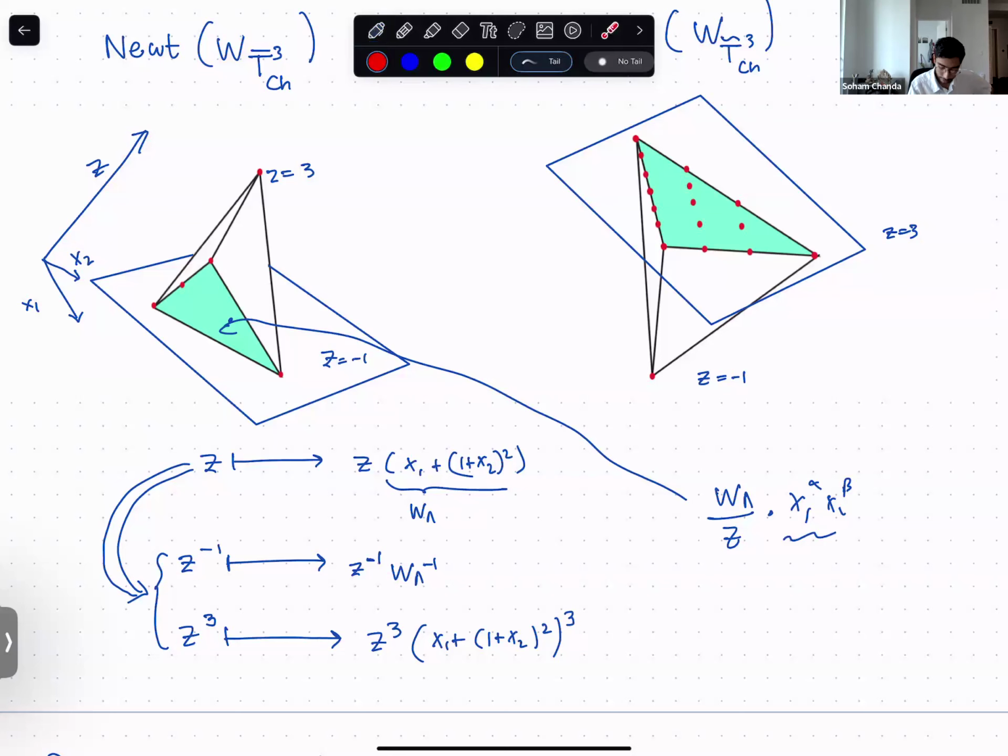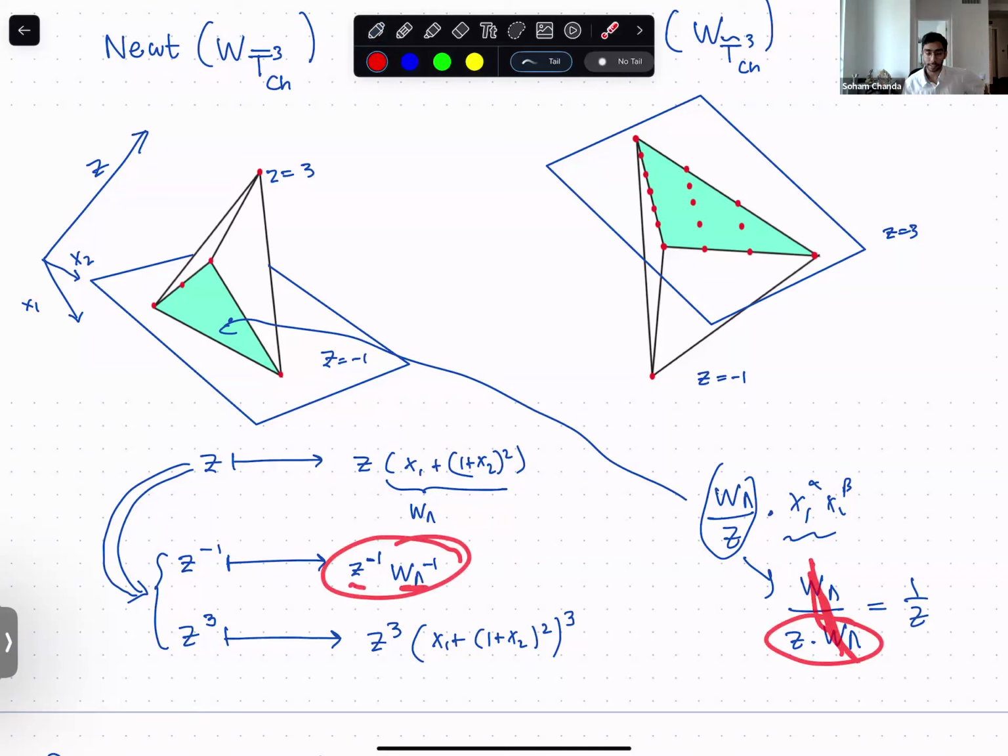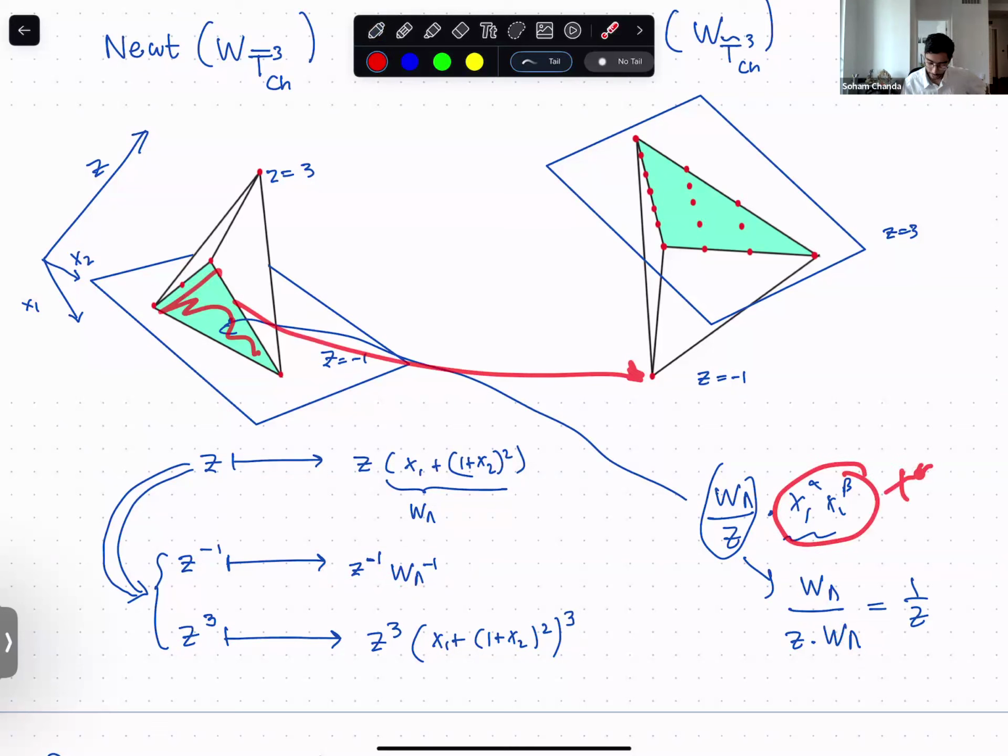The x part does not really matter, but what you should see is that this thing would now change to W_lambda divided by z times W_lambda, which just becomes 1 over z. So these W_lambdas cancel. At the level of Newton polytopes, what happens is this triangular face shrinks to 1 point. This just becomes this monomial x1 alpha, x2 beta over z.